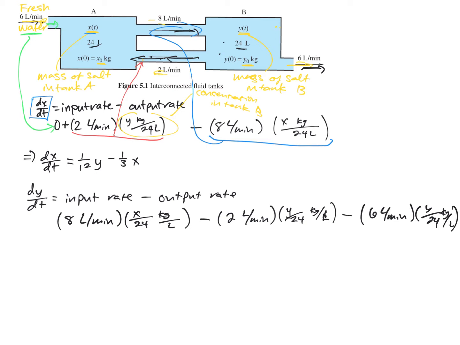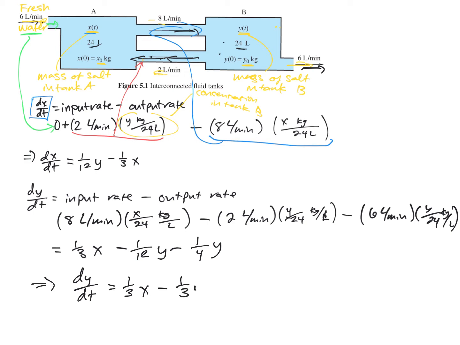Okay, so to simplify, we get 1/3 x minus 1/12 y minus 1/4 y. And so we can simplify that down and we get dy dt equals 1/3 x minus 1/12 plus 1/4 is 1/3 y.